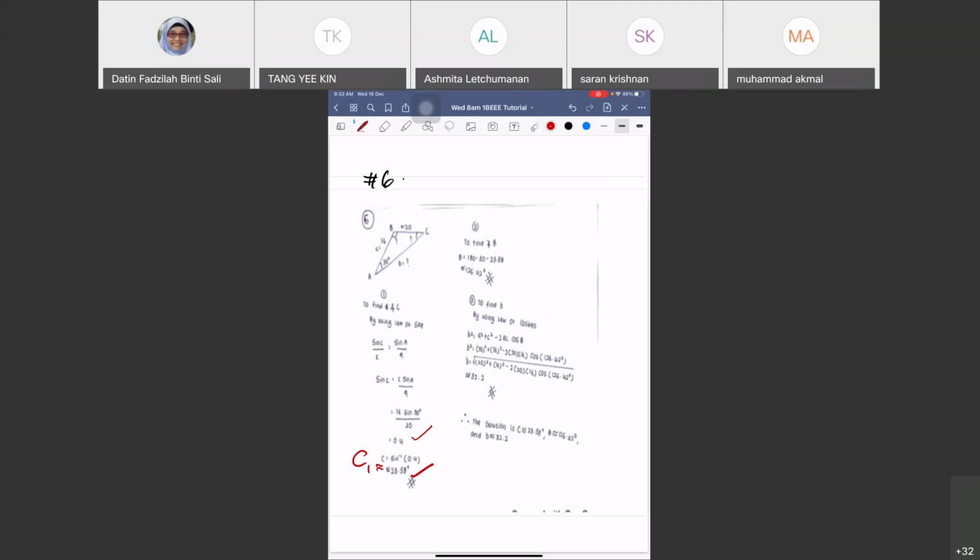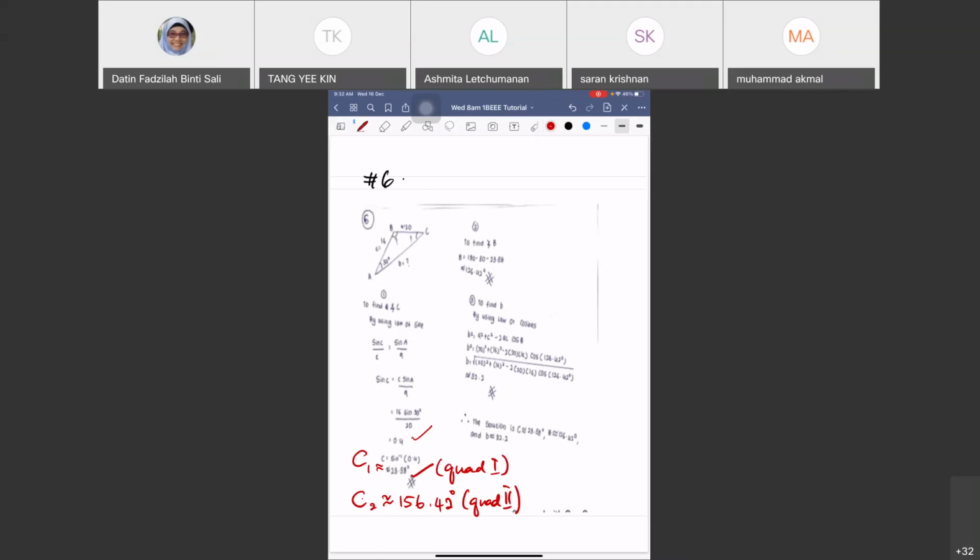Another angle is in quadrant 2. This is quadrant 1. Check for the angle in quadrant 2. So 180 minus 23.58. So it's 156.42. This is quadrant 2.